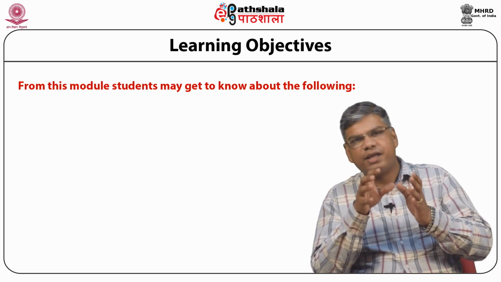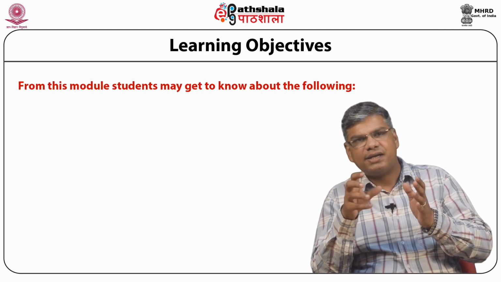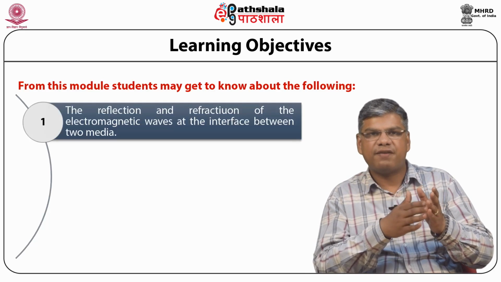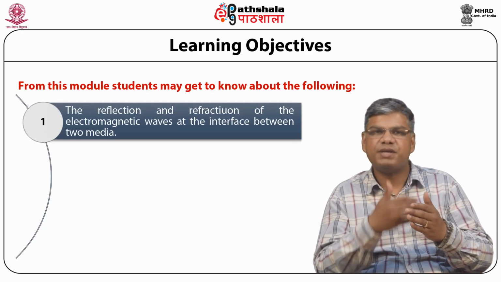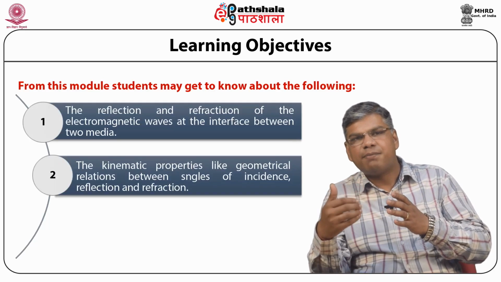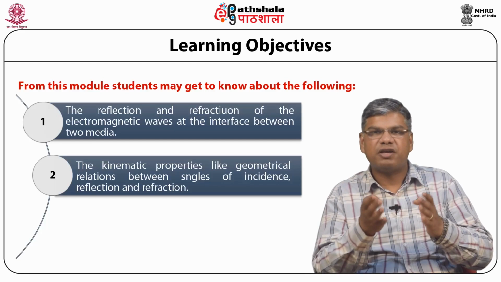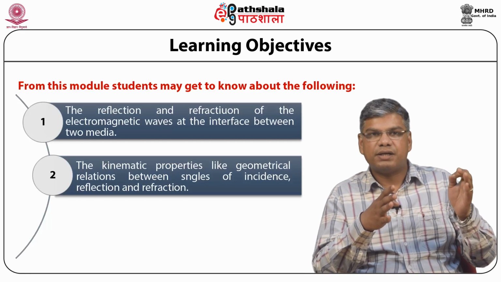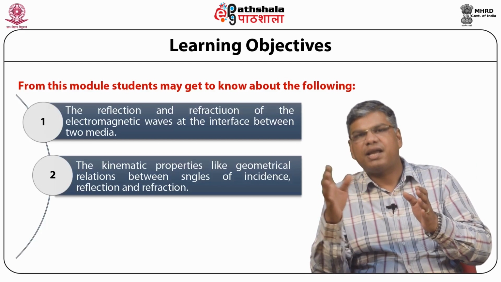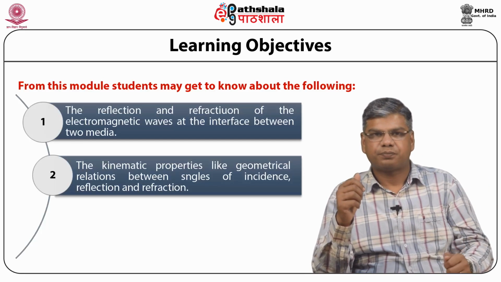Firstly, you will revise and understand the reflection and refraction of electromagnetic waves at the interface between two media. Then we'll discuss the kinematic properties, like the geometrical relations between the angles of incidence, reflection and refraction.